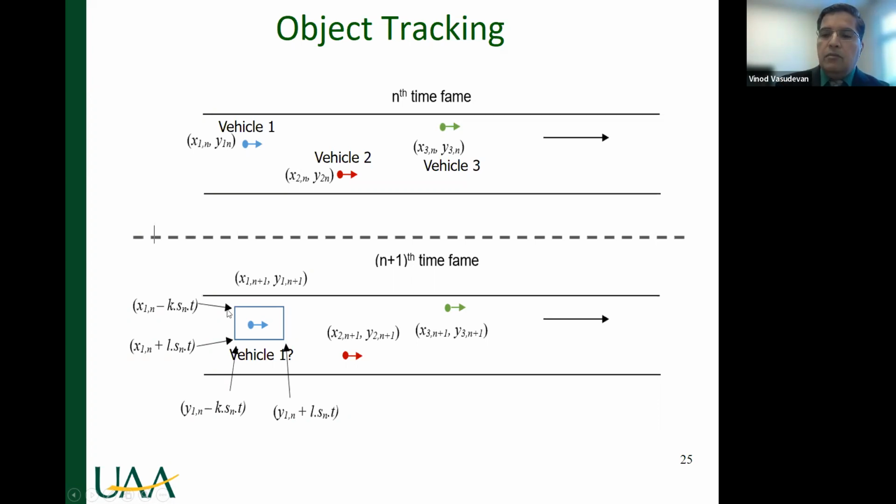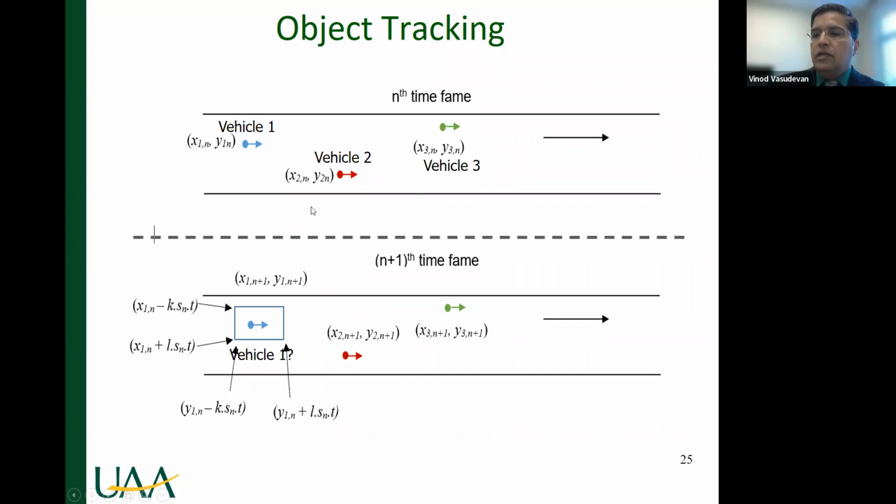It's up to you. But what we are saying is, if you find anything within this rectangle formed based on these properties, there's a high probability that it would be vehicle 1. It cannot be vehicle 2 or vehicle 3 because their influence areas would be way far.